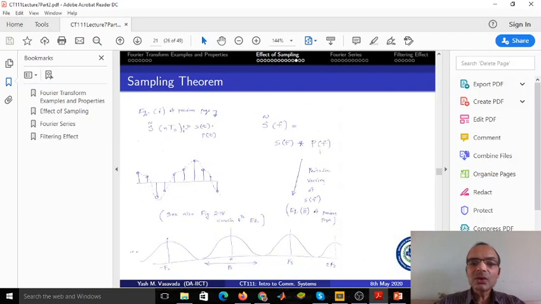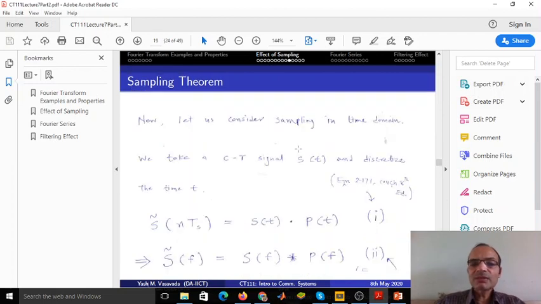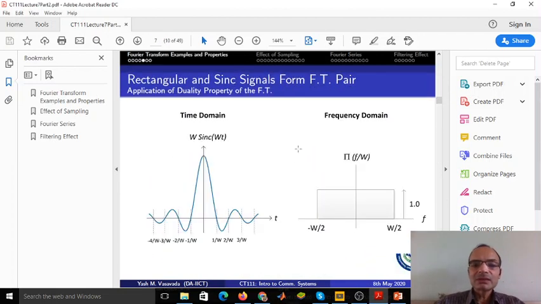So we will convolve this sample train with what? We'll convolve it with the inverse Fourier transform of a rectangular pulse in frequency domain. What is the inverse Fourier transform of a rectangular pulse in frequency domain? It is a sinc function in time domain.